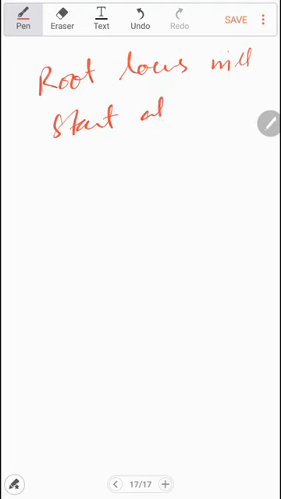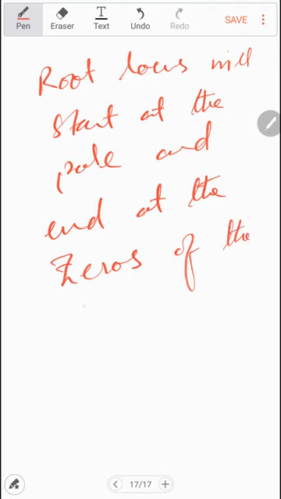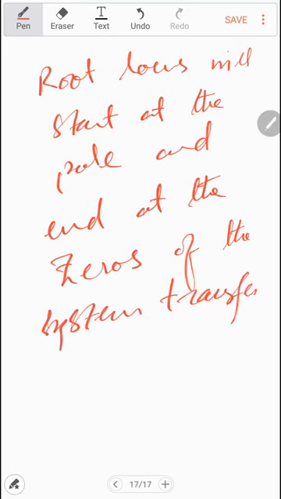In simple words, the root locus will start at the poles and end at the zeros of the system transfer function.